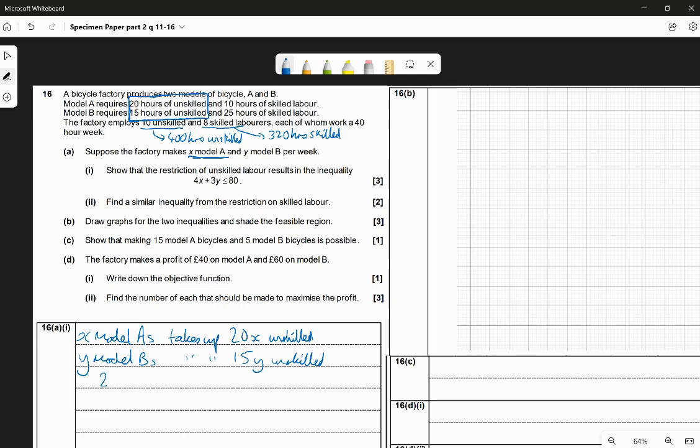So 20x plus 15y is the total of unskilled work needed to make this. And that has to be less than or equal to my total amount of unskilled available to me, which is 400 hours. And then that simplifies to 4x plus 3y less than or equal to 80. So that's where that comes from.